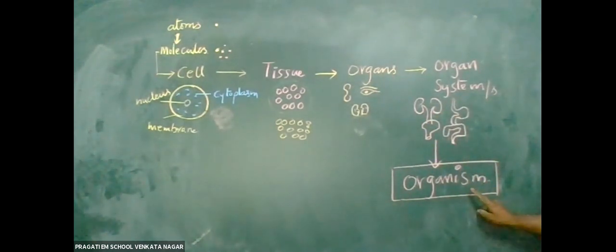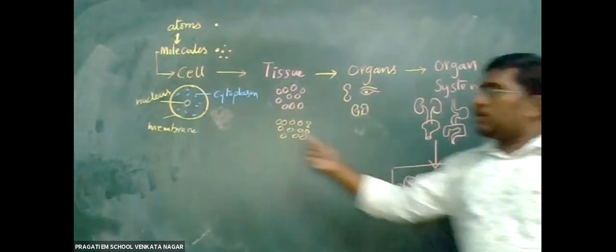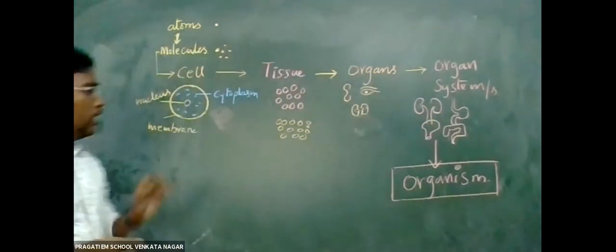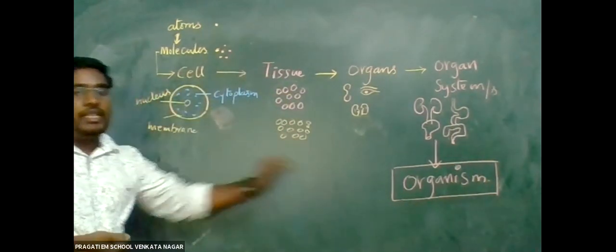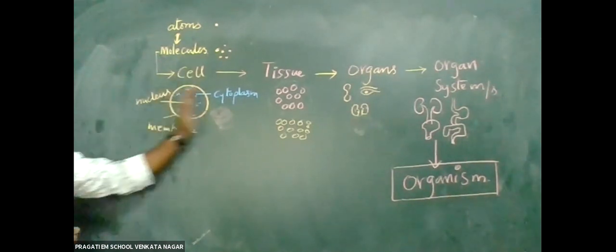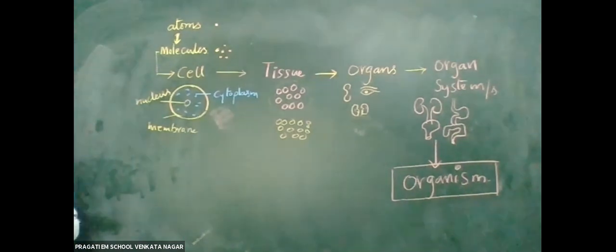This particular organism is basically composed of a microscopic structure called a cell. So this is the level of organization in living organisms. Let us see one representation.